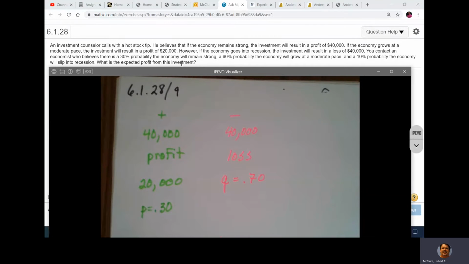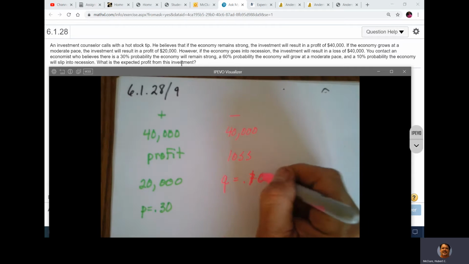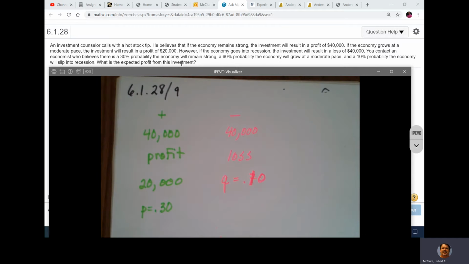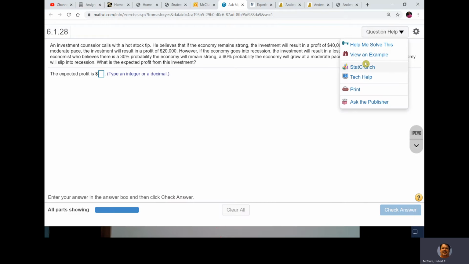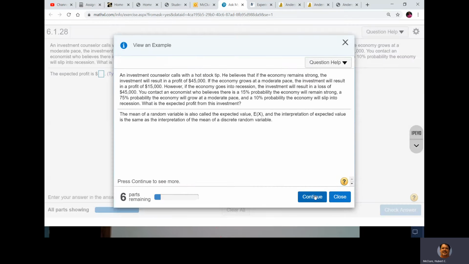And a 10% economy, wait a minute. Okay, 10%. They want to use 10%. So you're going to have to set this up basically as an expected value. Okay, and I'll just show you, they're going to set it up just like the problem we just did. Watch this.